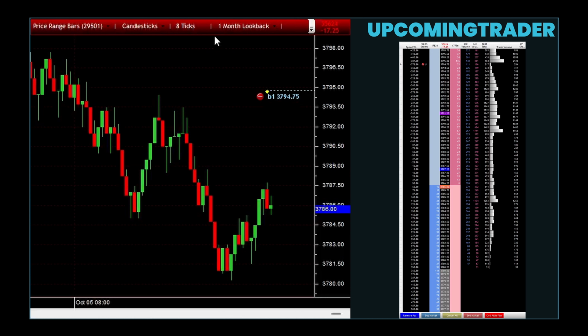To employ the evening star in setting entry points, traders should look for this pattern to appear after a sustained uptrend. The appearance of the evening star, which includes a small-bodied candle between two larger candles, the first being bullish and the last being bearish, suggests that the bullish momentum is waning and a reversal is imminent.